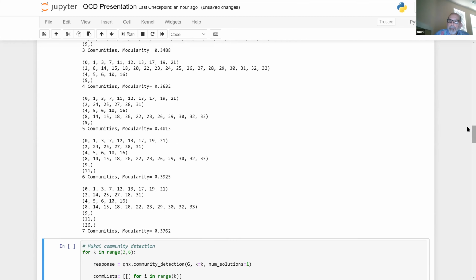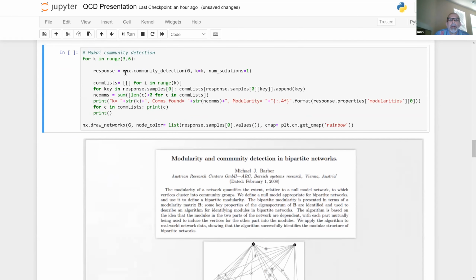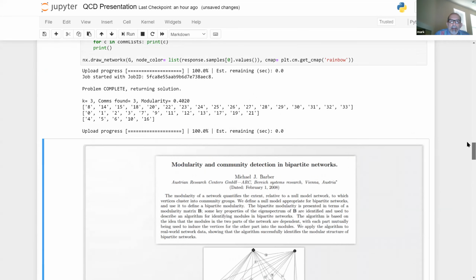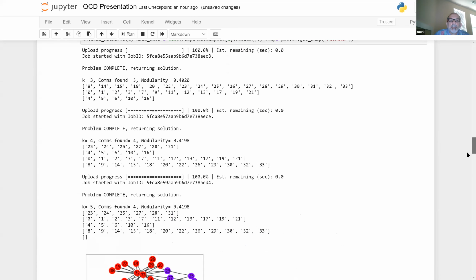Now we have the Quantum version, where we're going to call QCi NetworkX community detection. Pass in the graph, the number of communities I want to find, and I only want the top solution. I'm going to do that for 3, 4, and 5 communities. And this is running in real time, hitting our AWS server to get the solutions.